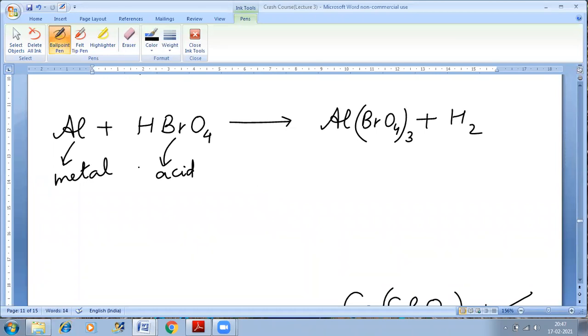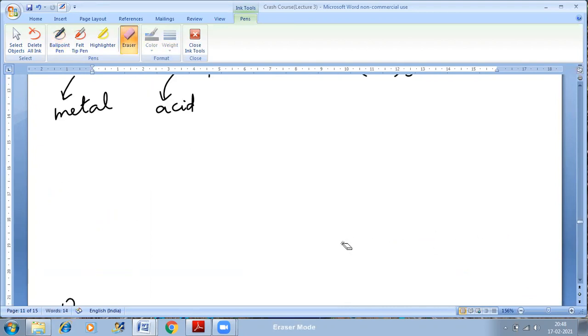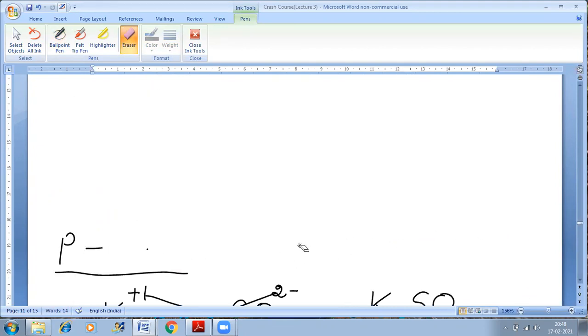Okay. I have to balance the reaction. I'll put 2 here, 2 here, 6 here, and 3. Now it's balanced. This is how you have to write the formula of salt, and this is how you can write any reaction taking place between an acid and a metal. Let's try one more.